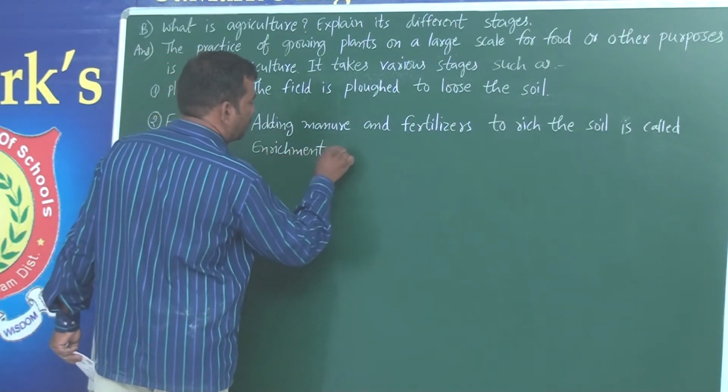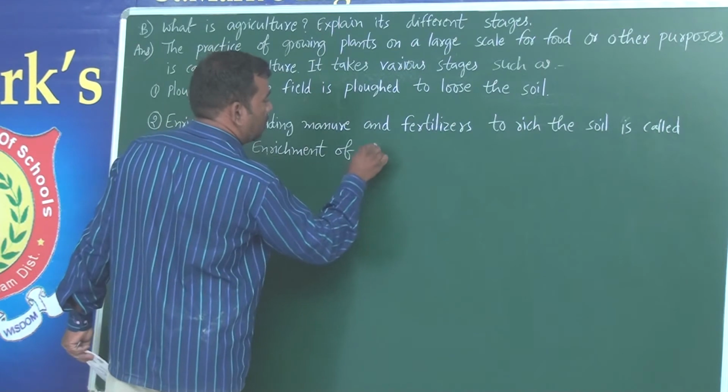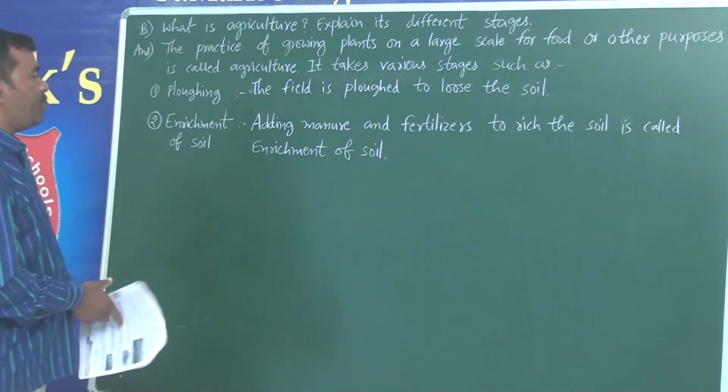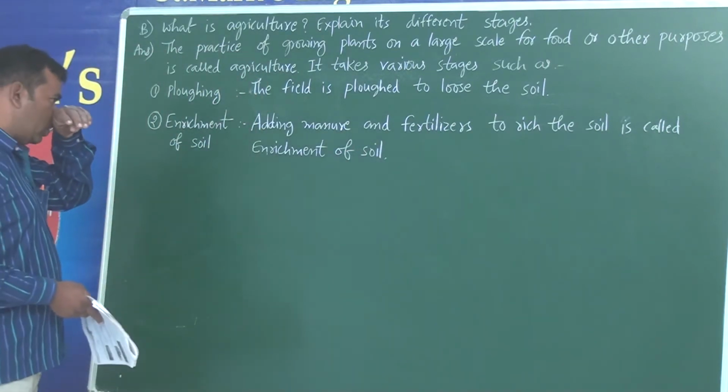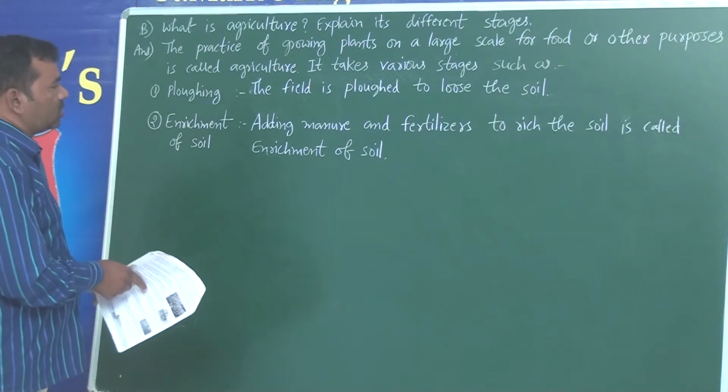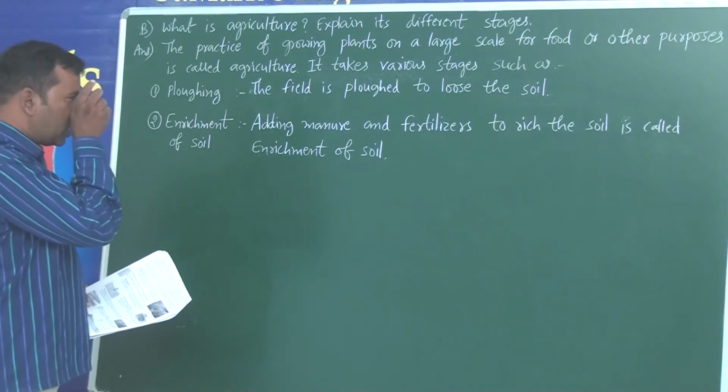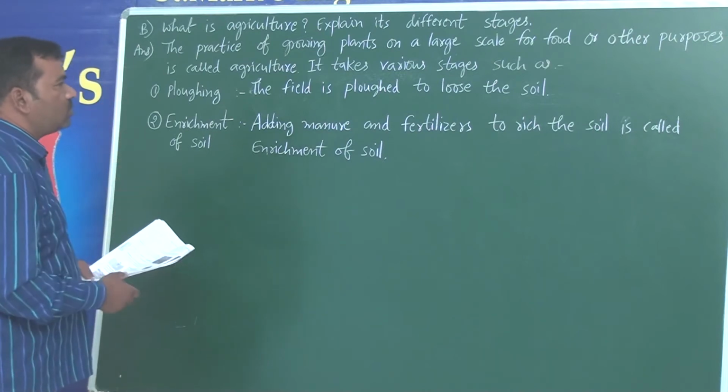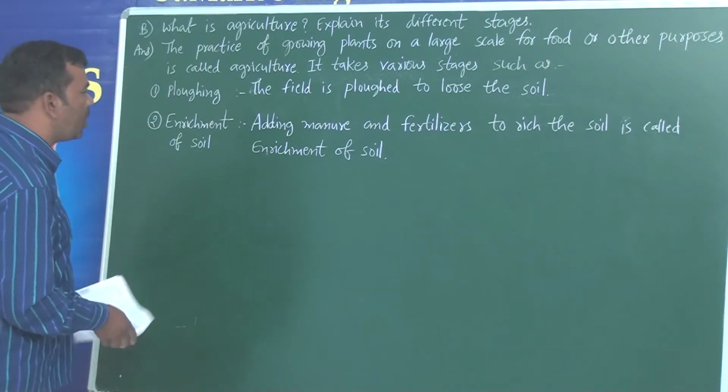Manure means such as cow dung and other rotten things. And fertilizers are chemicals added to the soil. This is called enrichment of soil.